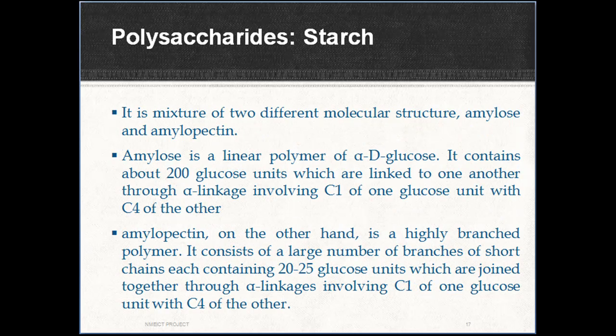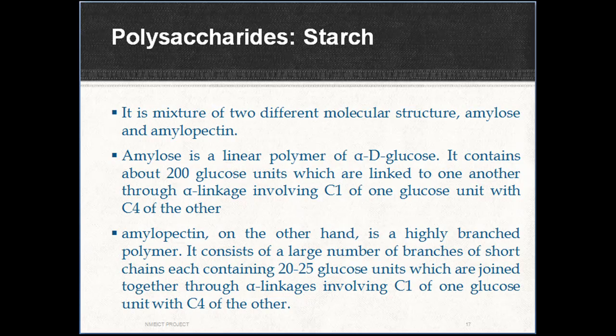Starch is abundant in plants as a reserve material and helps the plant to sustain its roots and tubers during winter and nourish the growing embryo during germination. It is found in granular form in the plant cells, and it differs in size and shape from plant to plant.